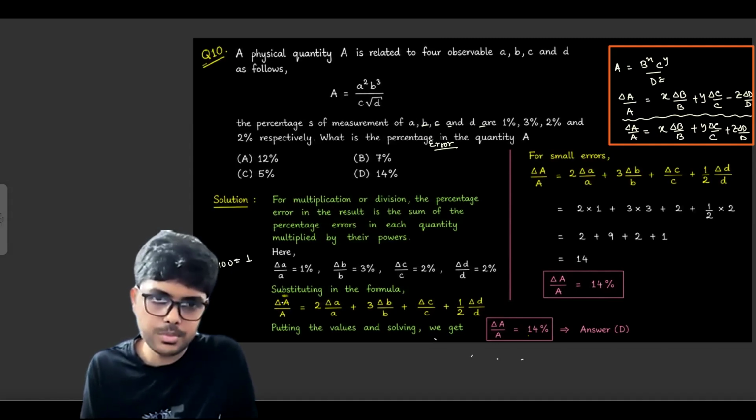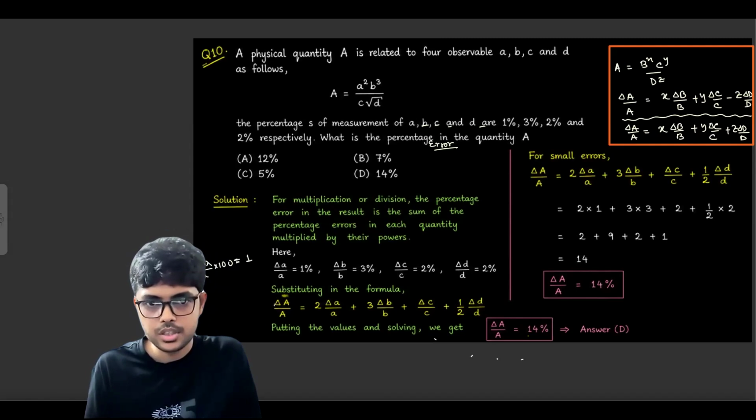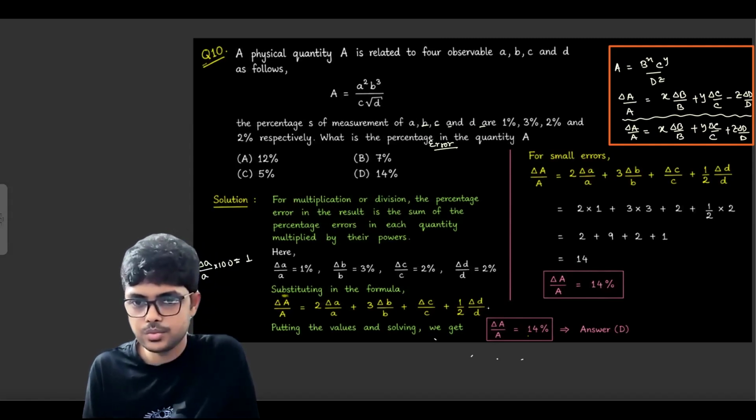There are a few terms, relative error, percentage error. This kind of terms you have to understand while you are solving error problems. So right, we can write del A by A equal to like this. In case of del A by A, we'll write 1%. So 2, then 3 times del B by B 3, 3 into 3 is 9.